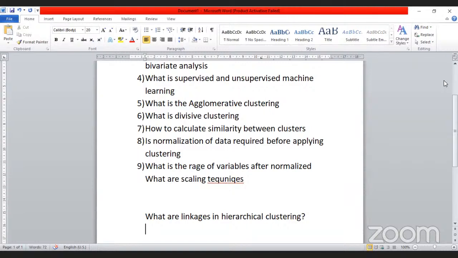Single linkage means it will just consider the nearest data point from two clusters to calculate the distance, right?